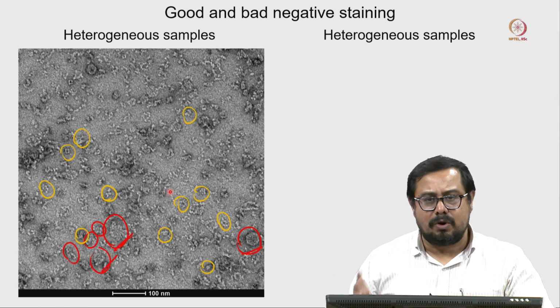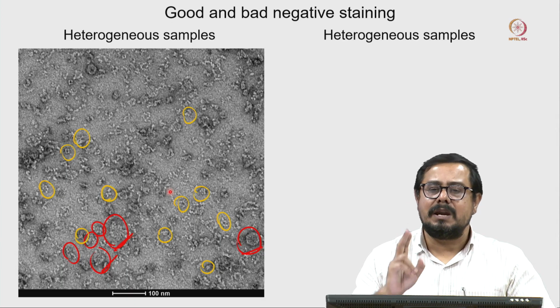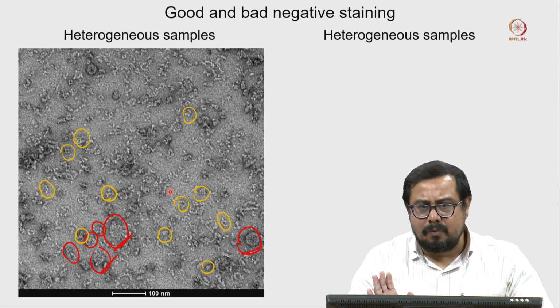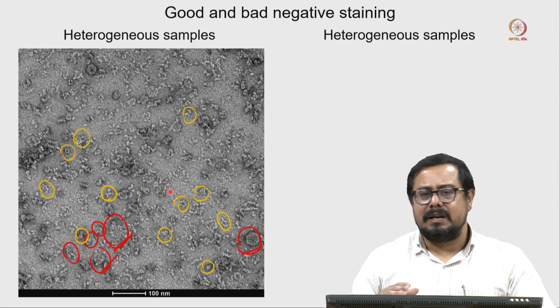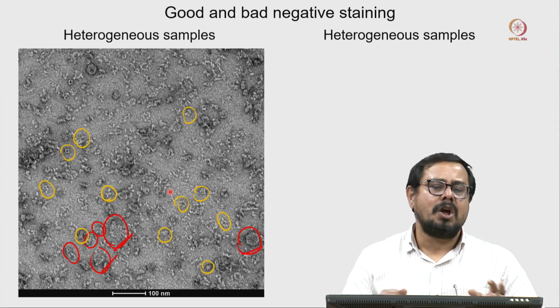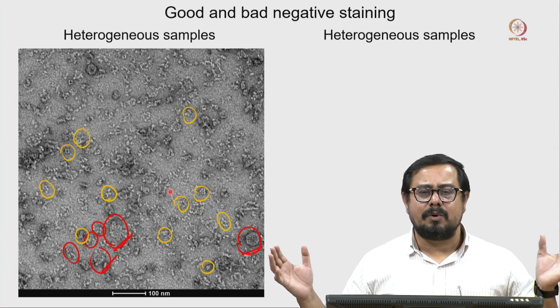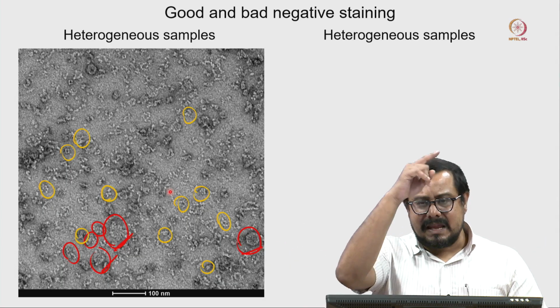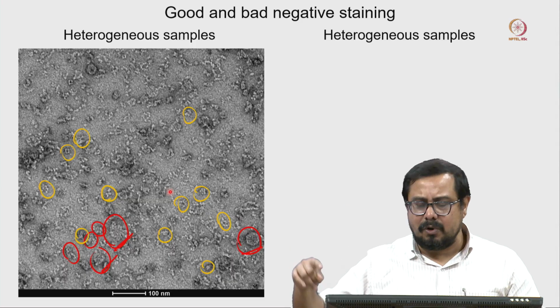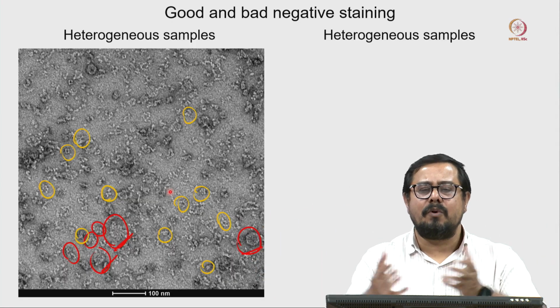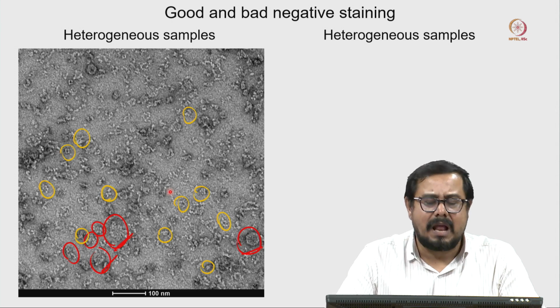So there are two possibilities: either we didn't purify our protein properly. When we purified our protein, we may have a different type of SEC profile, or we are getting different peaks. Last class I also discussed that sometimes after SEC purification we are getting multiple peaks, but we are merging all these fractions together before doing the TEM imaging or cryo imaging.